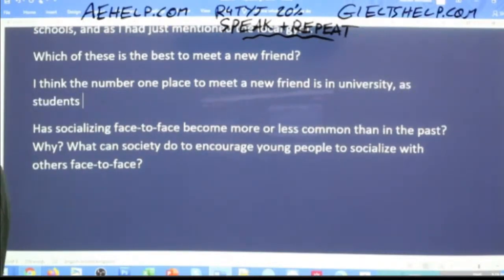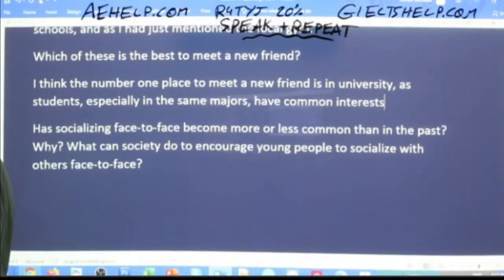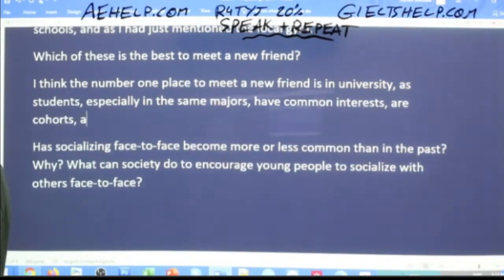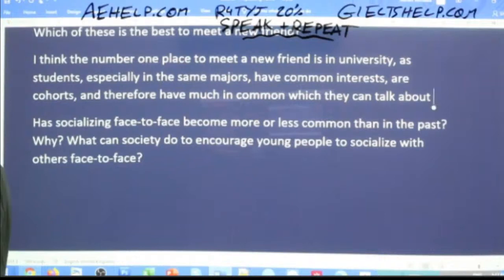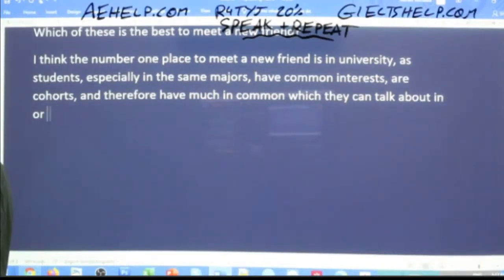As students, especially in the same majors, have common interests or cohorts, and therefore have much in common which they can talk about in order to build a long-term friendship.